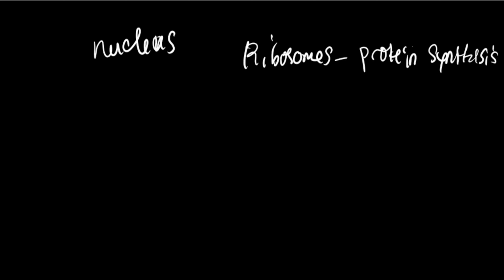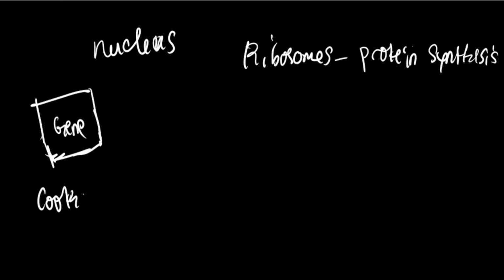Okay, so we have this recipe, which would be the gene. Now, the gene is just a section of the DNA. So imagine the DNA as this very big cookbook. Okay, so the DNA would be our cookbook. Now, the gene would be a chapter of the cookbook, and it contains the recipe for a particular protein.